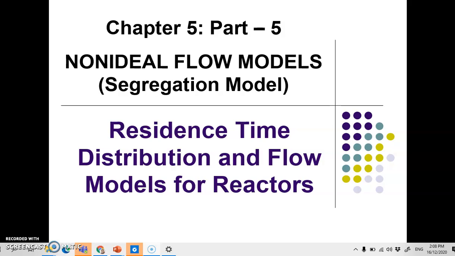So for this subtopic, we are going to discuss the function of the RTD in diagnosing the reactor. We're going to use the RTD to know the conversion, or exit conversion, of your reactors.